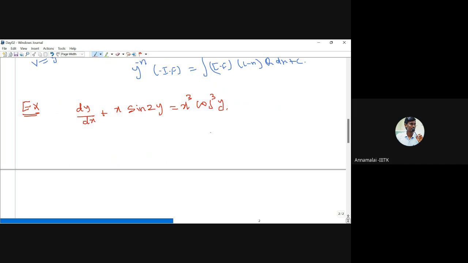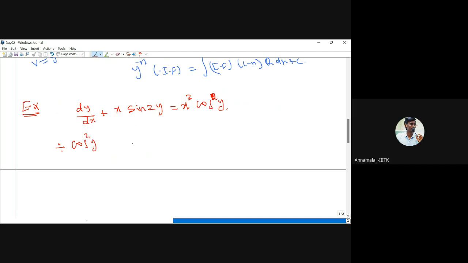Now what do you get? If you divide both sides by cos square. I think cos square, actually it is not cos cube, it is actually cos square. So divide by cos square y on both sides.